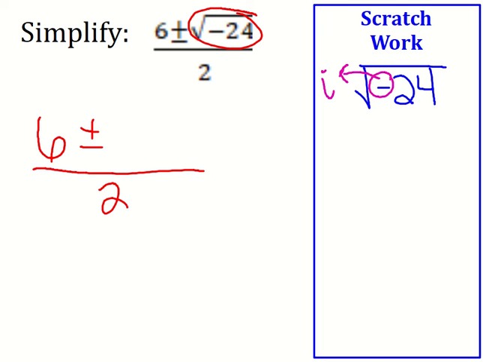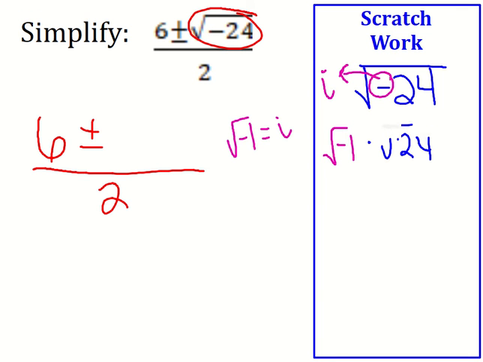A more formal definition would be the square root of negative 1 equals i. And that is why we can do that, because essentially what we're doing is multiplying negative 1 times the square root of 24, and those are now equal.